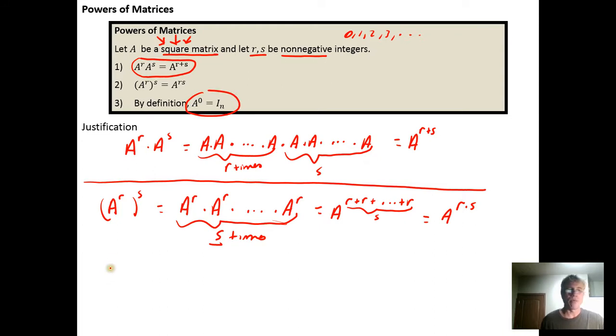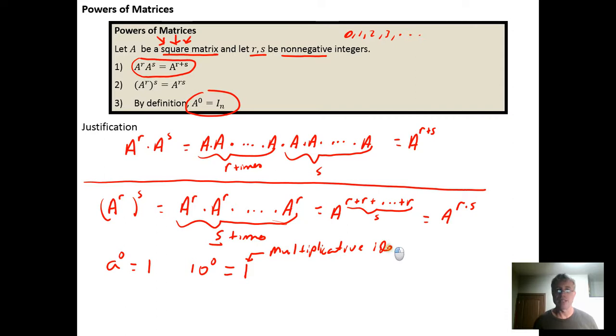So for example, we know that if we have a base A being raised to the 0 power, if it's a real number, we know this equals 1. So for example, 10 to the 0 equals 1. And what we want to recognize is that when we raise the number 10 to the 0, what we get is a 1, but we know that 1 is called the multiplicative identity.